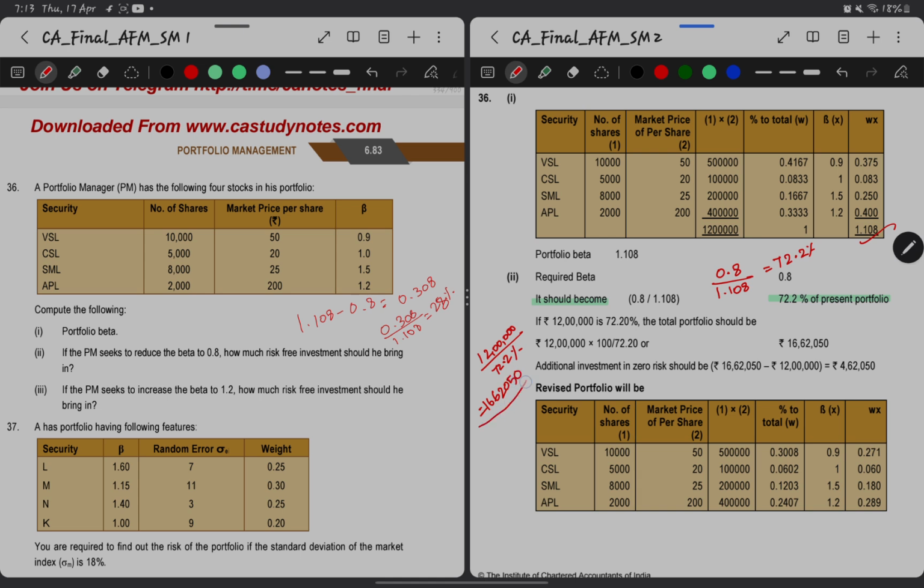This much has to be maintained, out of which 72.2% will be the securities which we are currently holding now. So the rest of the portion will be the risk-free return. 16,62,050 minus 12 lakh, which is nothing but 4,62,050, will be the risk-free investment.